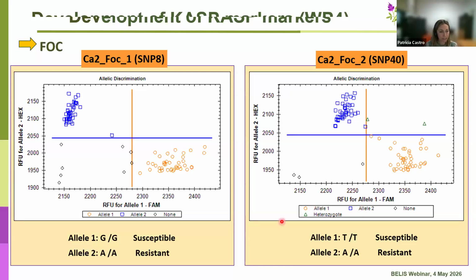In this graph, we can see that the marker performed well, clearly separating the resistant and susceptible allele here, also resistant and susceptible allele here.